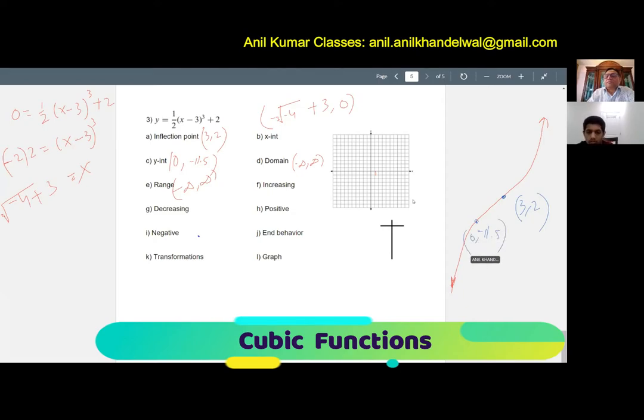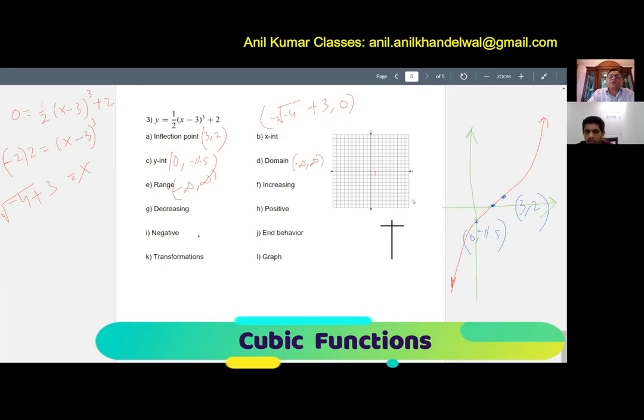The x-intercept is less than plus 3, somewhere here. So I could roughly graph it like this. And that's my y-intercept. Is that clear to you? I've sketched the graph, right? Correct.